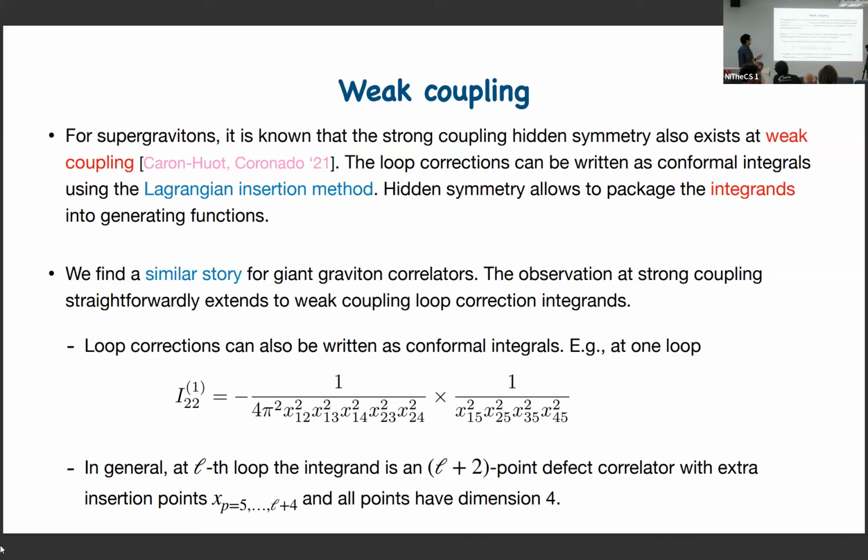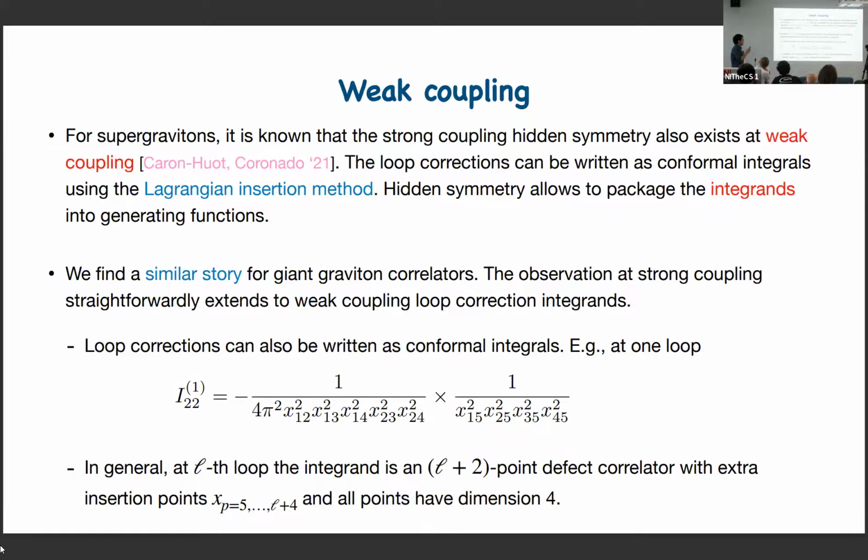Now let me mention something quite interesting. I just talked about this hidden conformal symmetry at strong coupling, but we can also find it in the weak coupling limit. In the case of 4-point functions of light operators, this was pointed out already by Caron-Huot and Coronado.